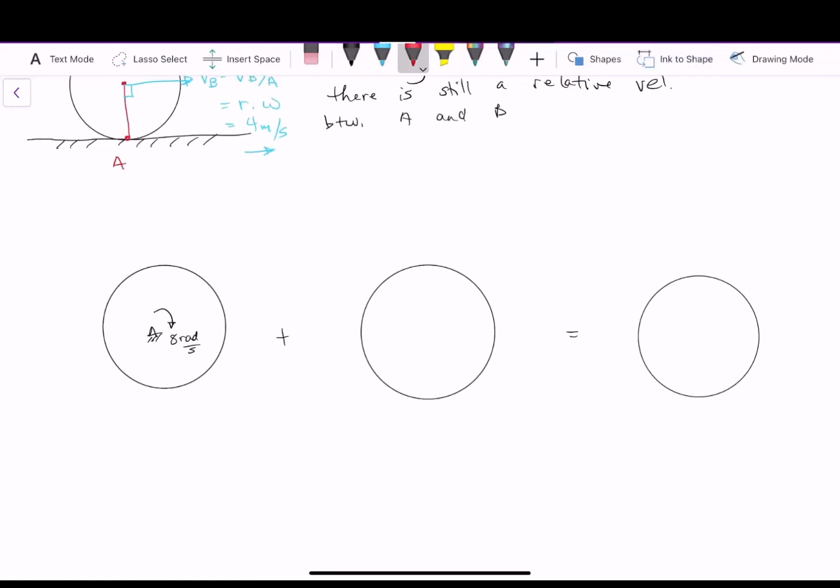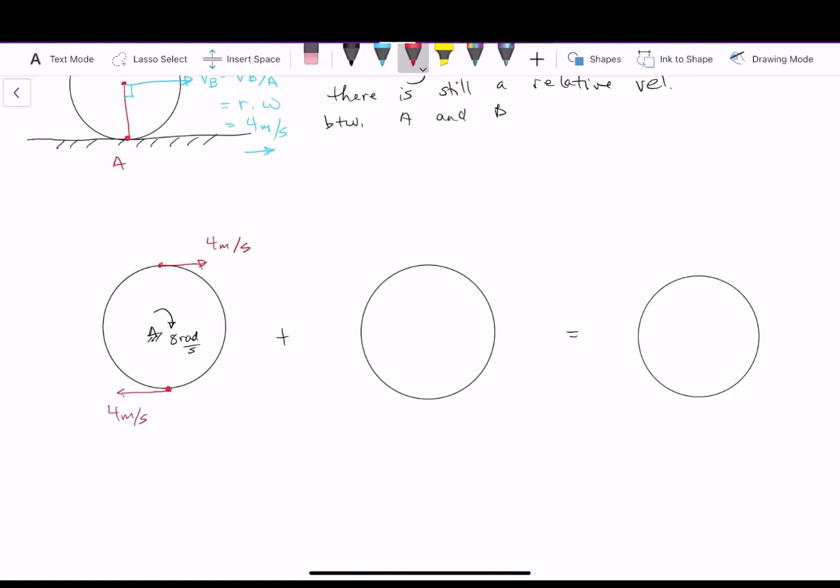So we're going to start with rotation, and we said that the top position, if this is rotating, would have a linear velocity of 4 meters per second, plus it would have 4 meters per second at the bottom point, right?